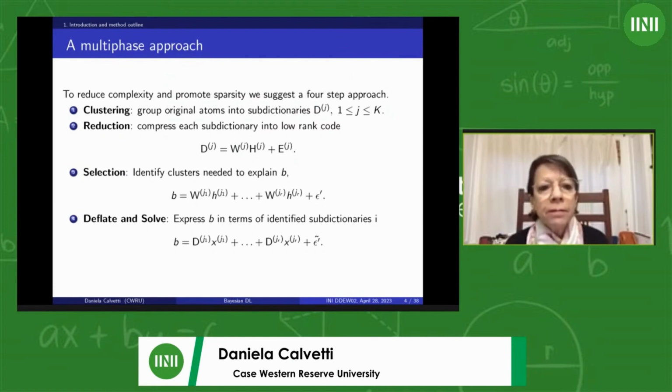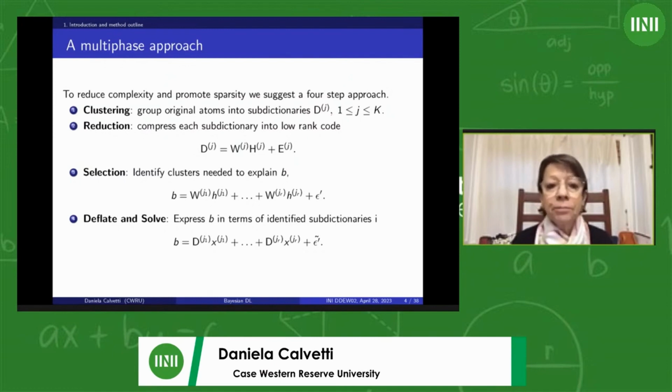Now, once we have subdivided the original dictionary into subdictionaries, we look at each individual subdictionary, and what I was saying before, this compression of the dictionary into the product of two low-rank matrices, is applied to every subdictionary here.